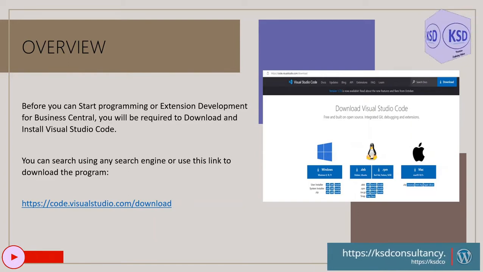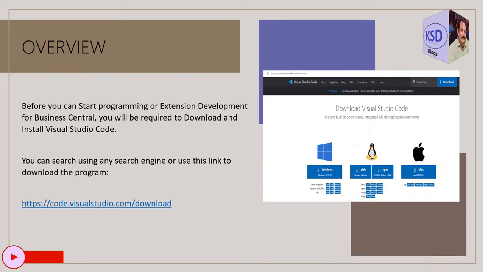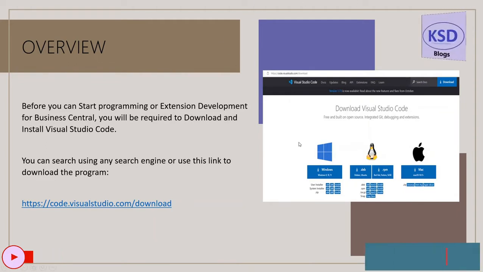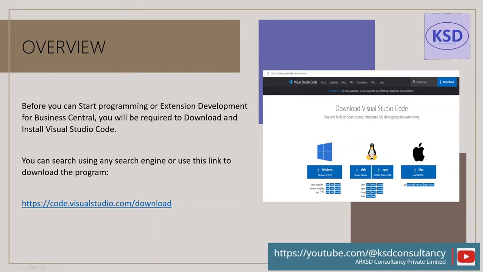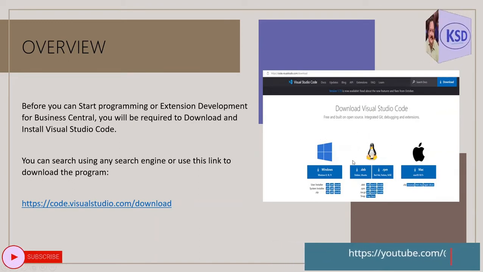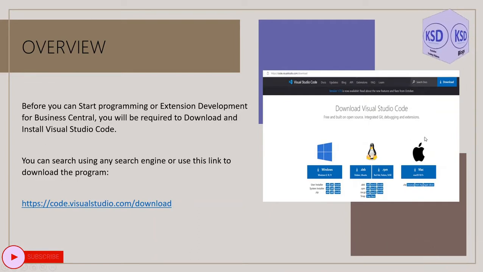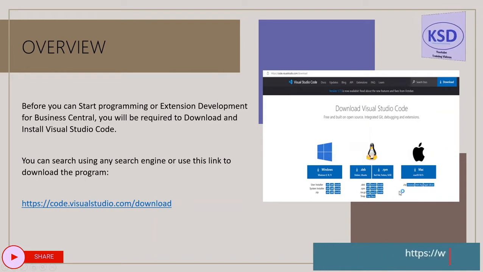When you open this page, you will be provided with a page similar to the one shown here. Depending on whichever OS version you are using, you can download the required program from your browser.